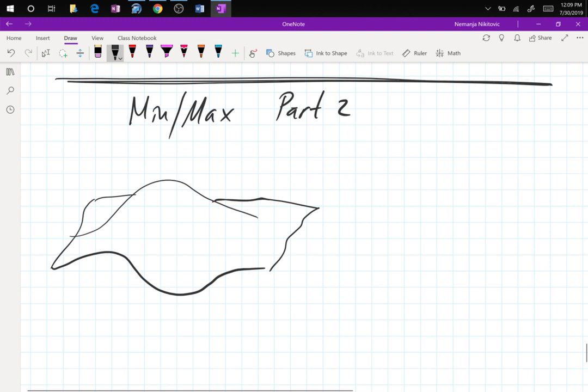All right, so this is some kind of a shape, and we do know how to find the max point here, using the above procedure.